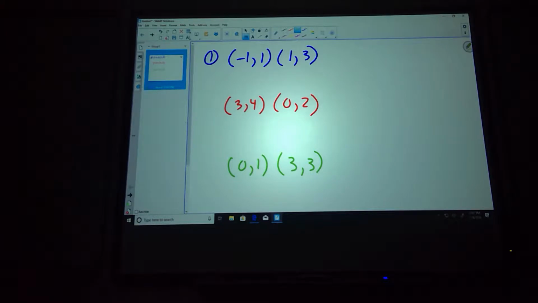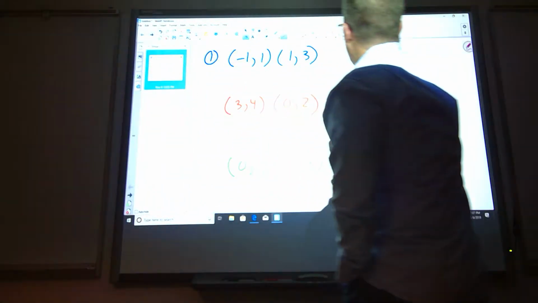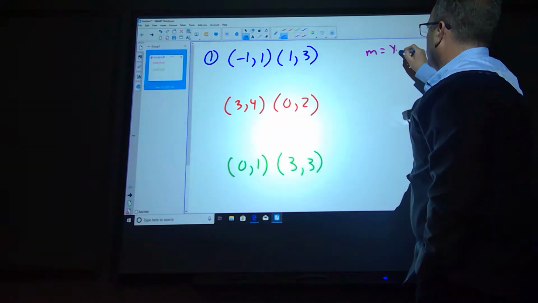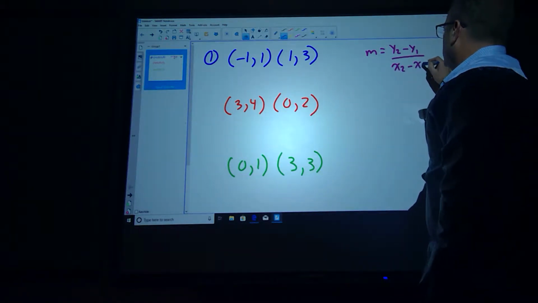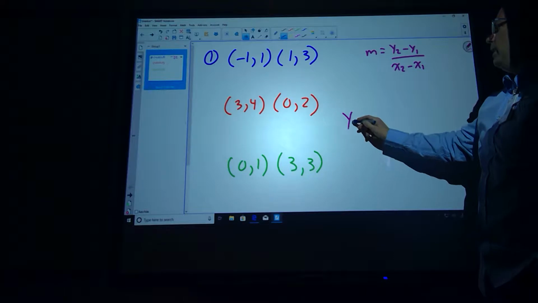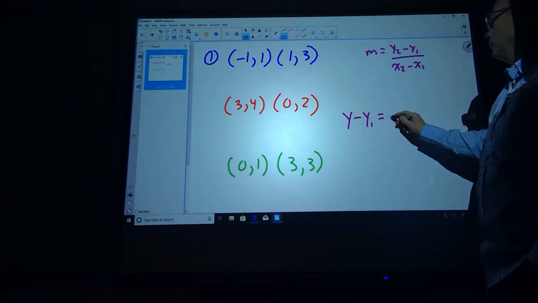Remember we said yesterday that there's exactly one line that goes through any 2 points, correct? So there's exactly one line that goes through the blue, or the red, or the green. So you need to know the slope equation. Let me ask you this though.